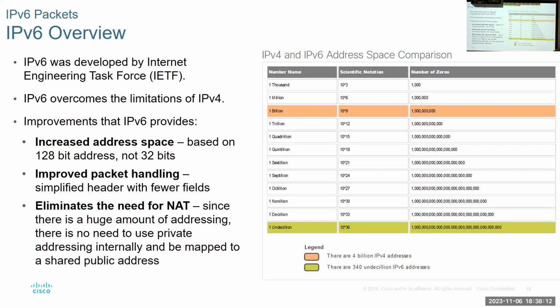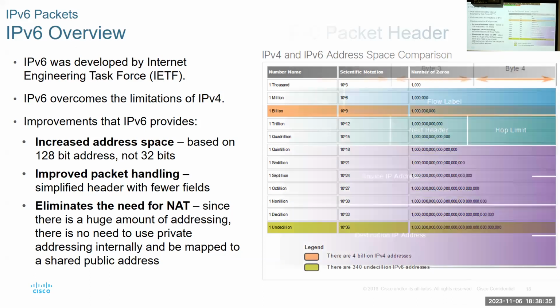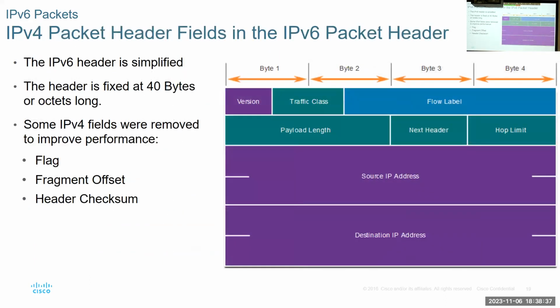So lots and lots of zeros. IPv4 is just 4 billion. So lots of extra zeros compared to IPv4. Okay, eliminates the need for NAT.